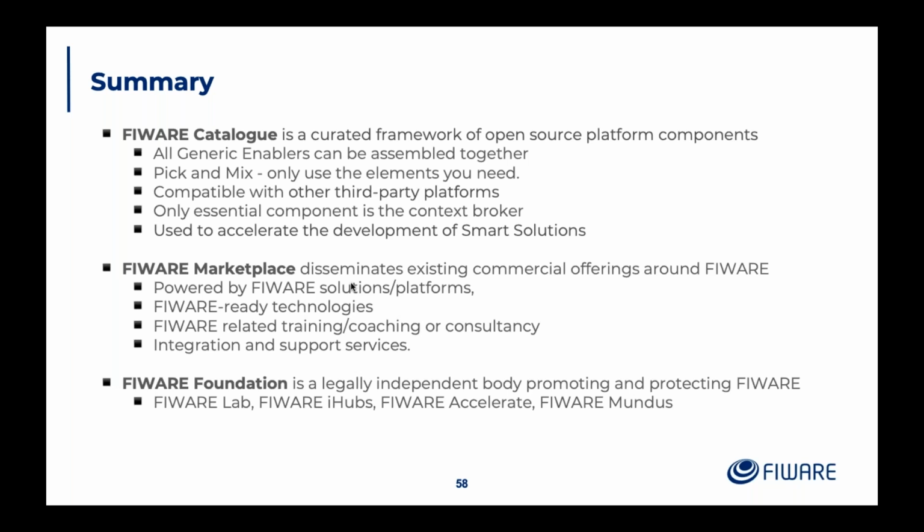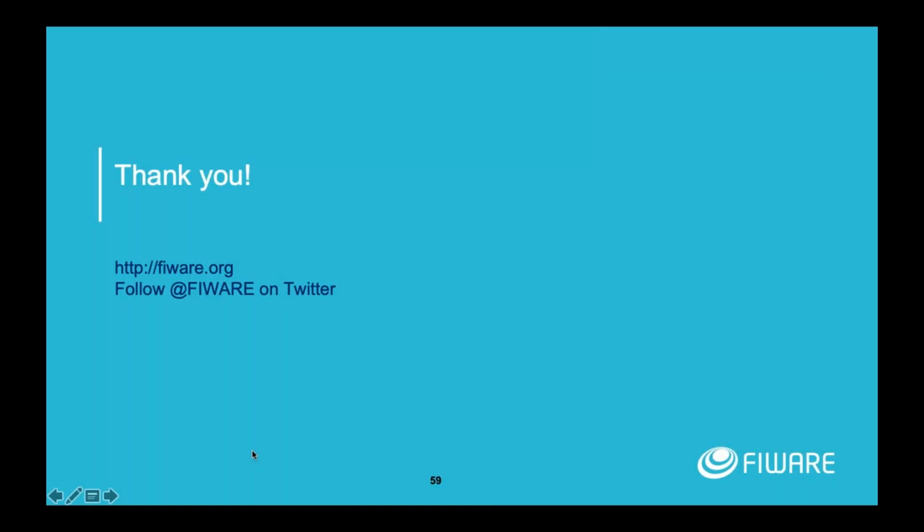Once you've created your solution, we have a marketplace which is able to promote your existing commercial offerings. And the FIWARE Foundation, which is a legally independent body, is able to protect FIWARE itself and has these 5 pillars of the FIWARE Lab, the iHubs, the Accelerator, Mundus, and everything else which has been covered this morning. So that, in summary, is a brief introduction to FIWARE. And I thank you very much and hope you have a good day.